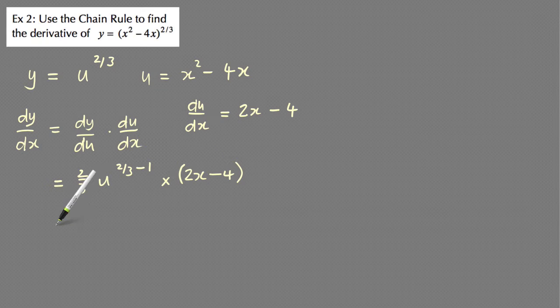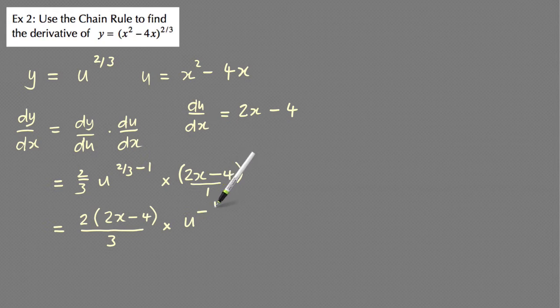This is really itself over 1, so the 2 times that is going to go on the top, so 2 bracket 2x minus 4 on 3, and times u to the 2/3 minus 1, which is 2/3 minus 3/3, which is minus 1/3.